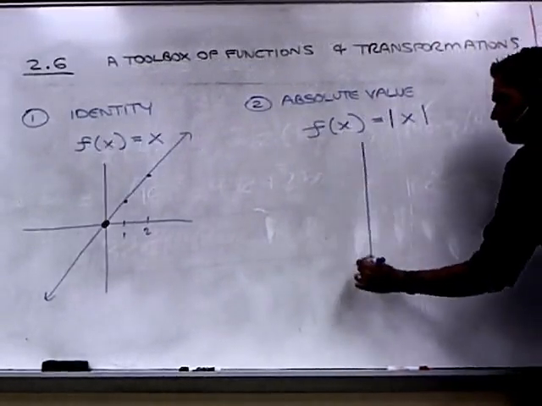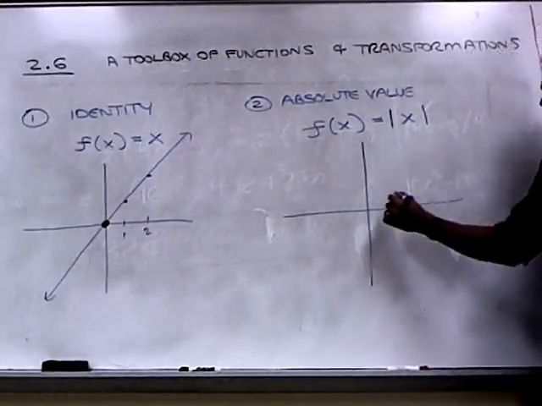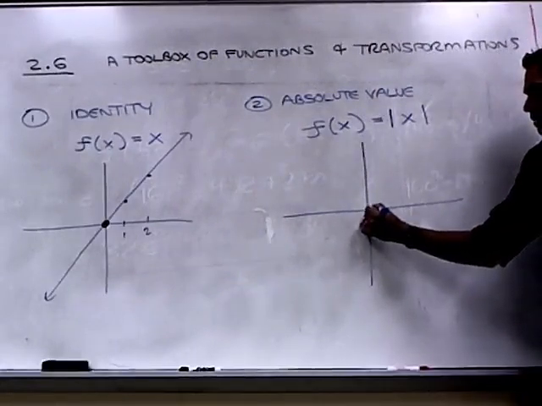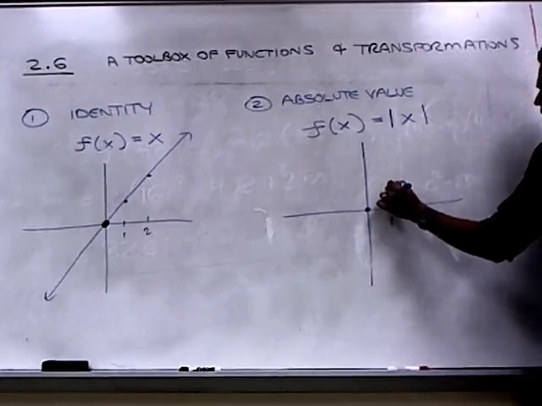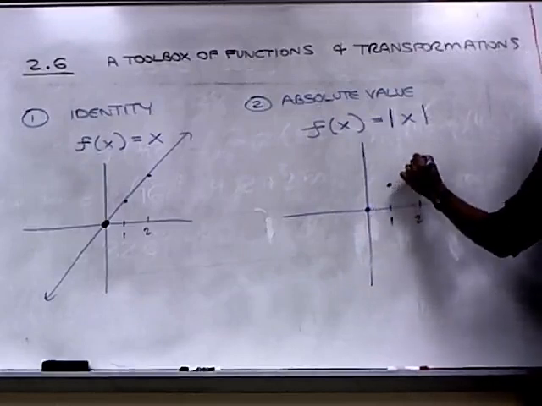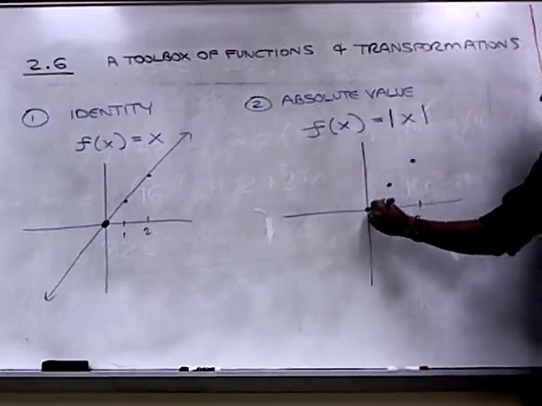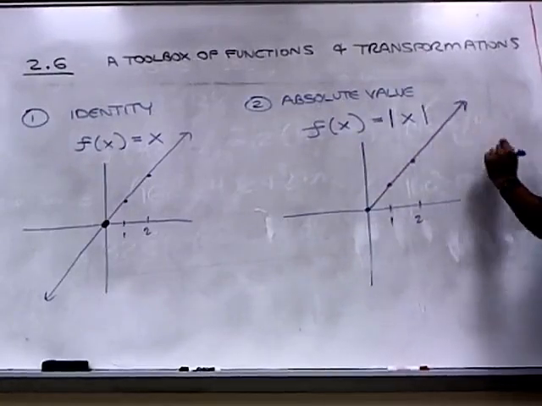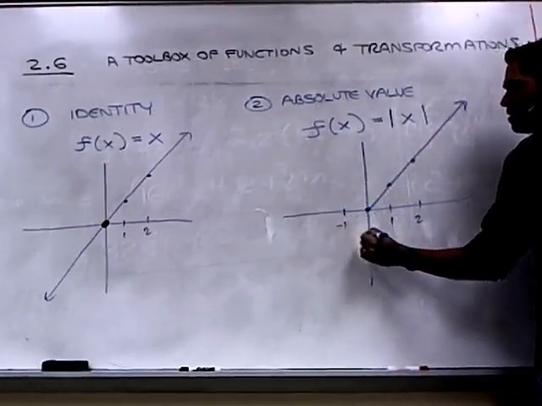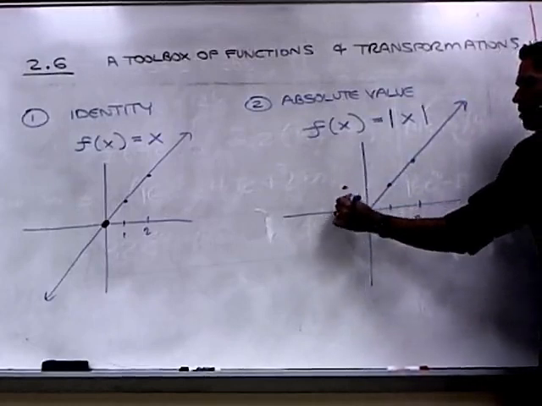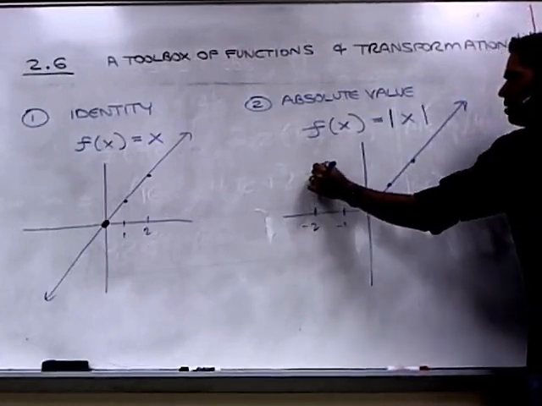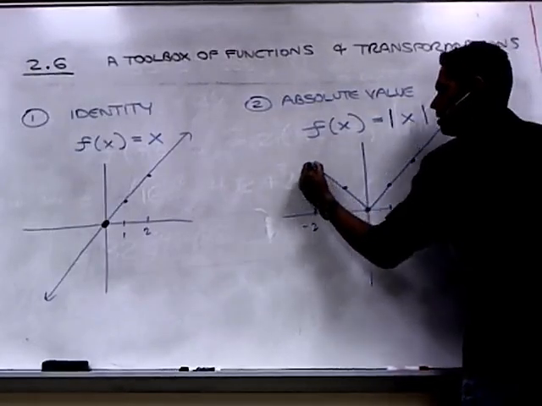So how would this graph look? If I plug in 0, I get 0, if I plug in 1, 1, 2, 2, right? So doesn't it look just like the identity? This way it does, right? But when I try and plug in -1, what does it spit out? 1, and then -2 spits out 2. So it goes like this in this direction.